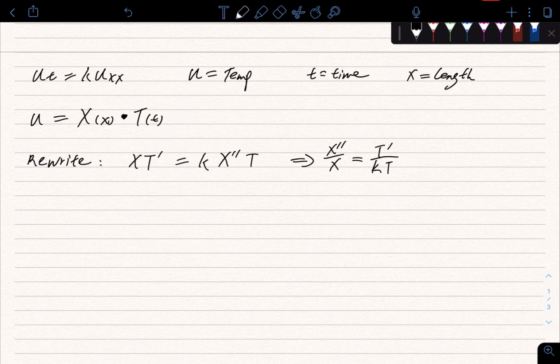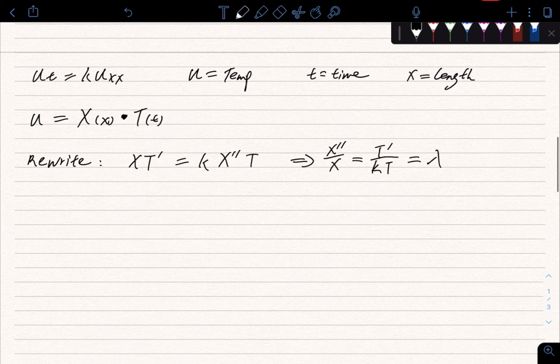And then what you realize is that these two terms have to equal a constant in order to have any meaningful solutions. In this case, we're just going to set it to lambda. Then we can take these two things one by one: solve X and solve T.